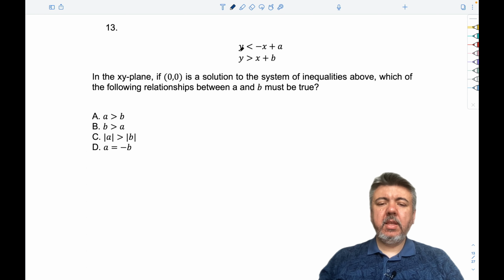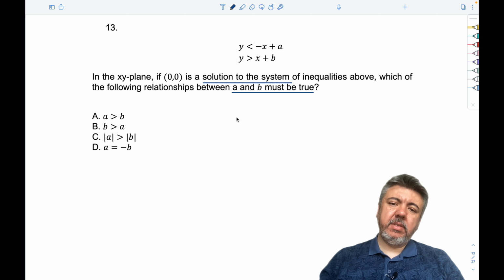Question 13 gives us 2 inequalities, and it says if 0, 0 is a solution to the system of inequalities, what must be true for a and b? Okay, that means I will substitute 0 into x and y and see what happens.